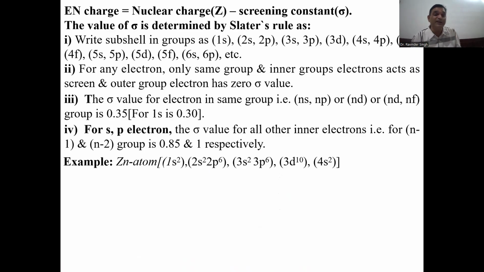For the remaining electrons, all the other inner ones, for example here n-2, there is the 1s2 electron, the screening constant value will be 1. That rule that I told you just now is applicable only for s and p electrons.